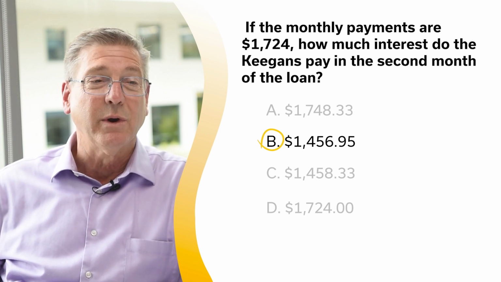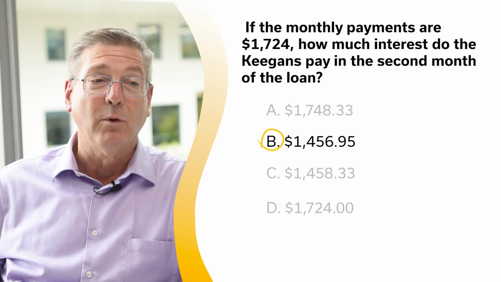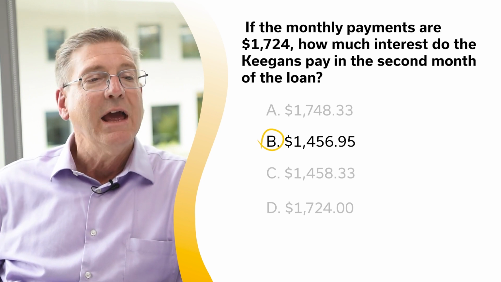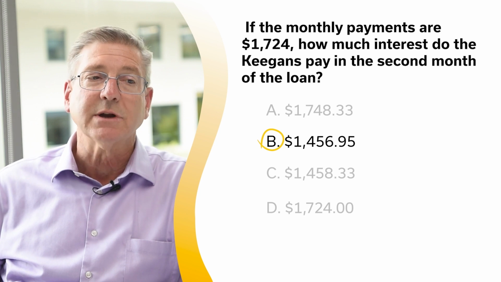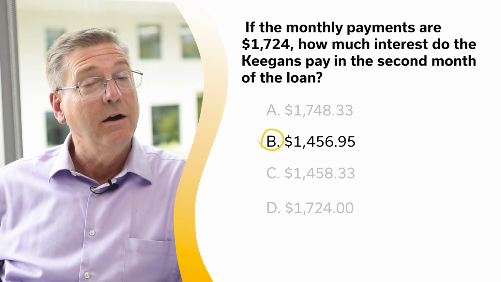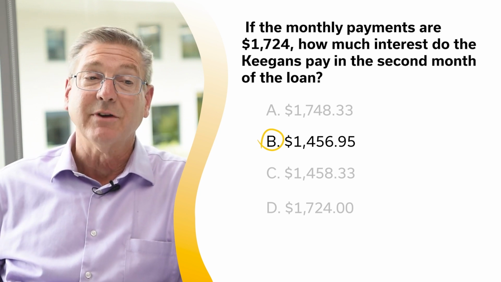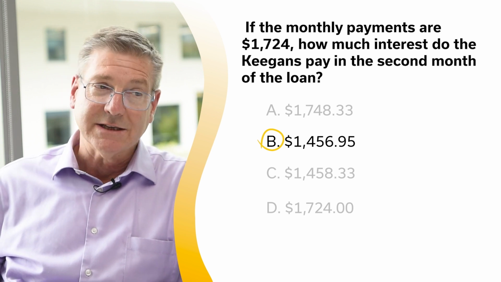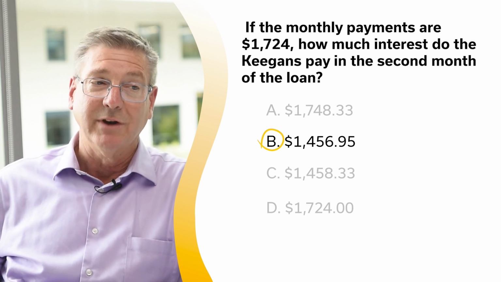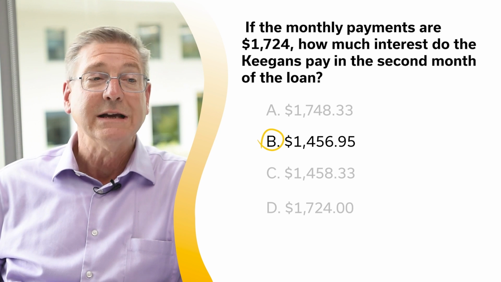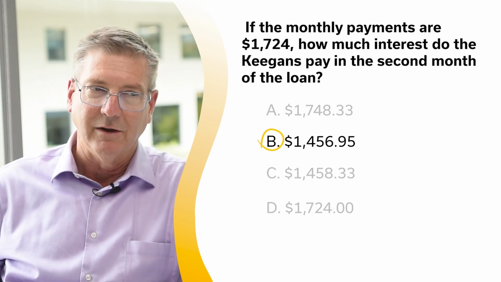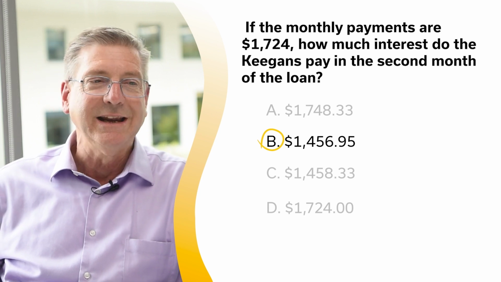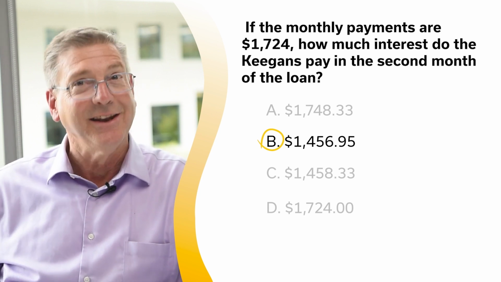You take $1,724 minus $1,458. Now they must pay 6.25% interest on the new principal balance of $279,734. This equals $279,734 times 0.0625 divided by 12, or $1,456.95.